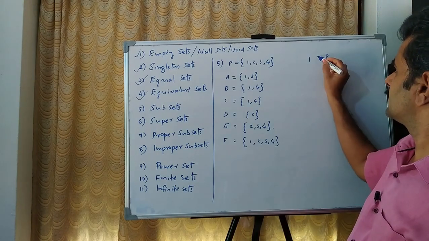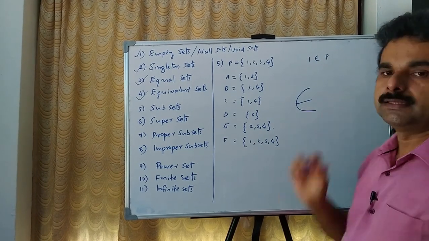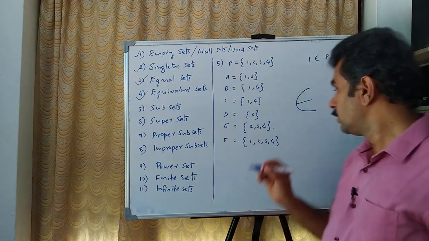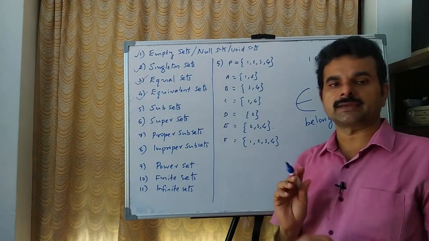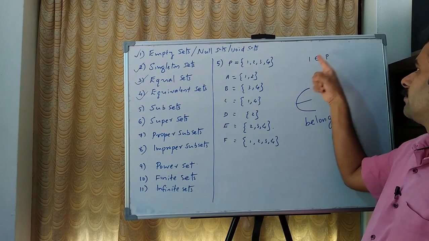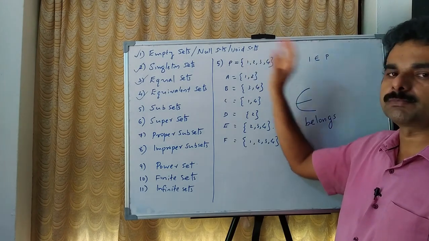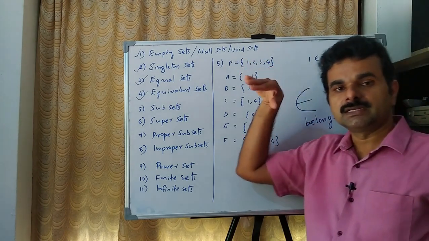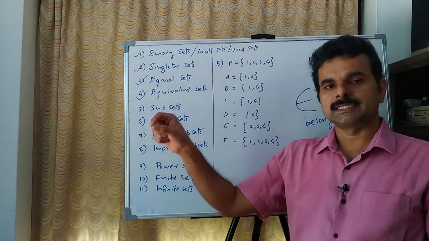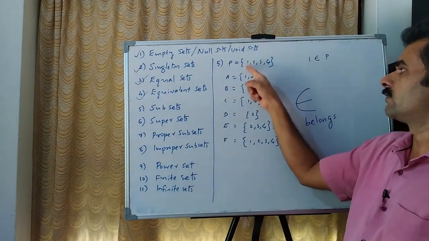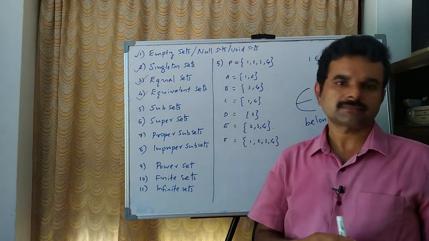So 1 is an element of the set P, and this is written like this. This symbol is used to represent belongs or belonging. 1 belongs to P, 2 belongs to P, 3 belongs to P, 4 belongs to P, which means 1 is a member of the set P, 2 is a member of the set P, or 1, 2, 3, 4 are members of the set P. Clear?